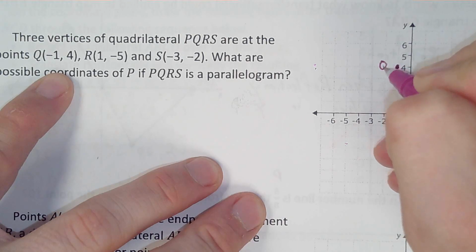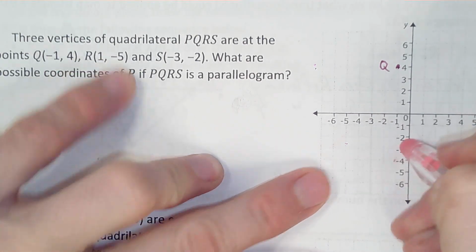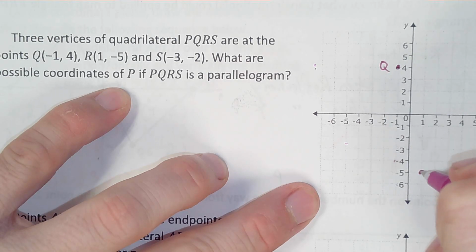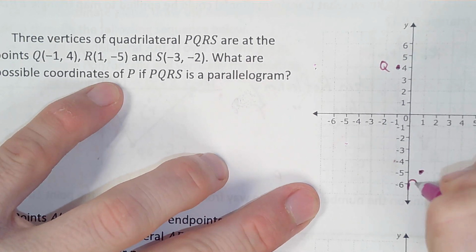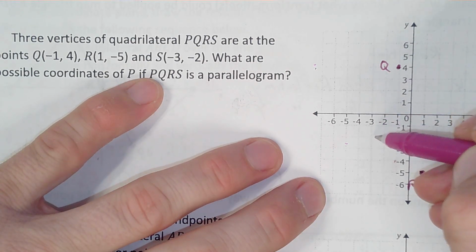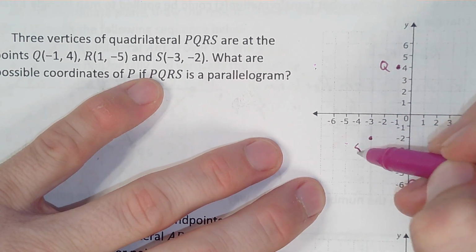Okay, we have 1 and -5, which is this guy, and that's R. And then we have S, which is -3 and -2, which is this guy.